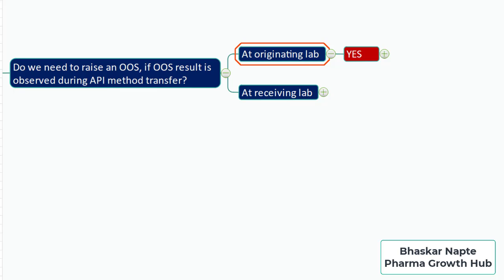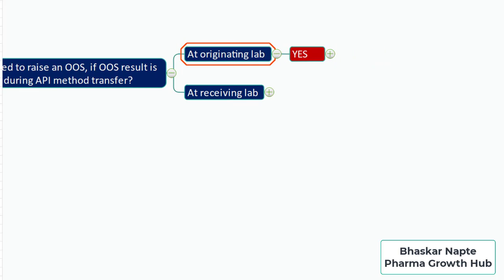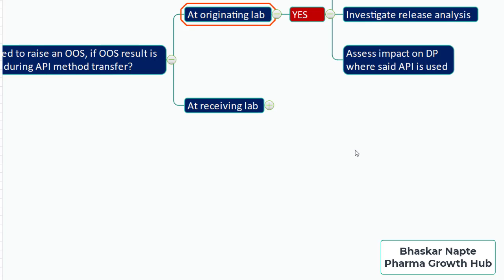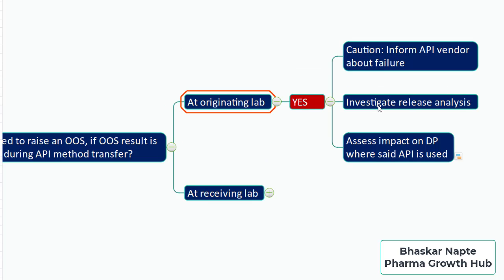The moment you come across the out of spec result, and as this batch is already released in the past, you have to take care of these three important points. The first and foremost, you need to inform the API vendor, API supplier, or API manufacturer about this failure.